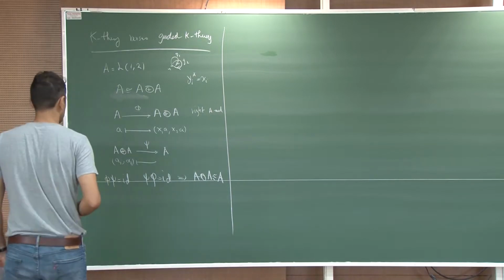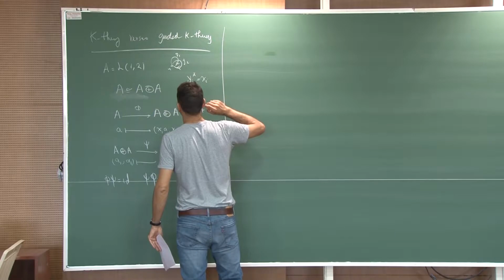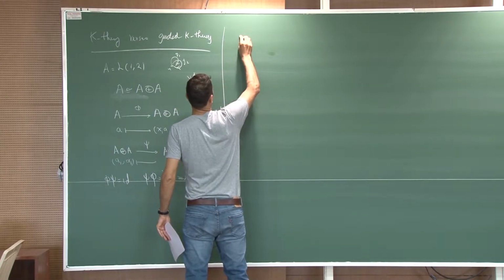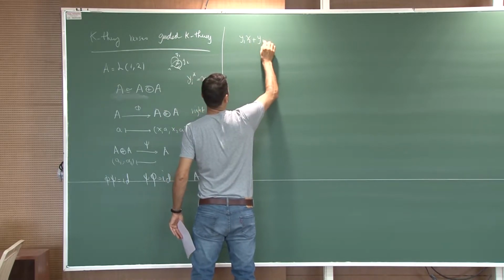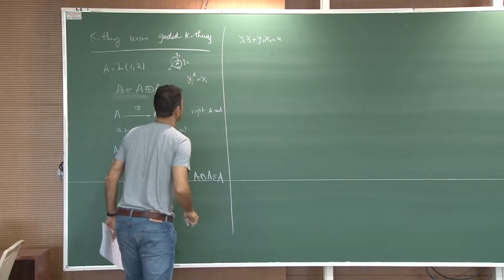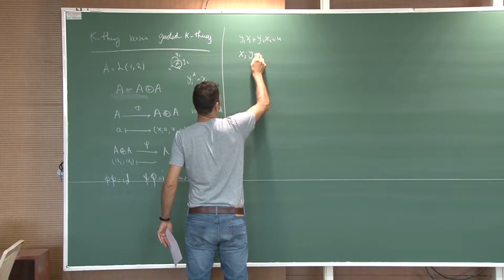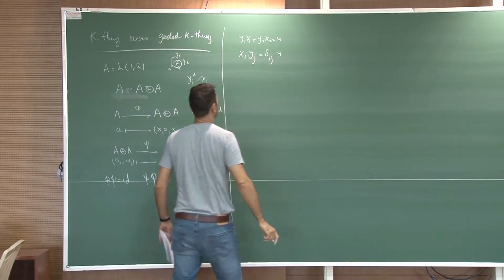Okay, so maybe I should remind you of the relations here. Remember that the relations of Leavitt path algebras are y1 x1 plus y2 x2 is u, this u here, and then xi yj is delta ij u.